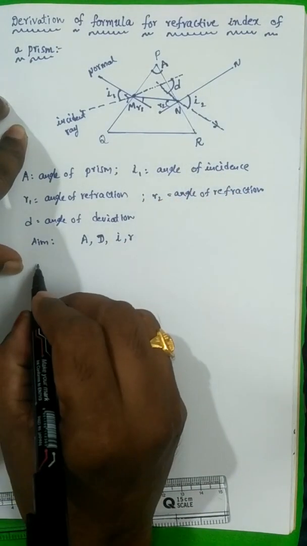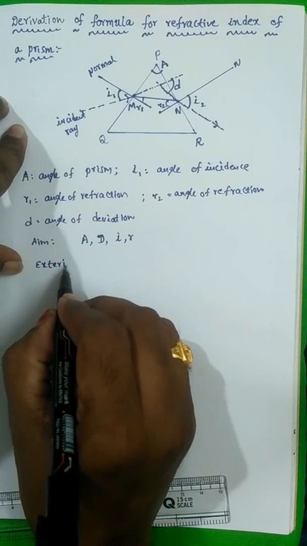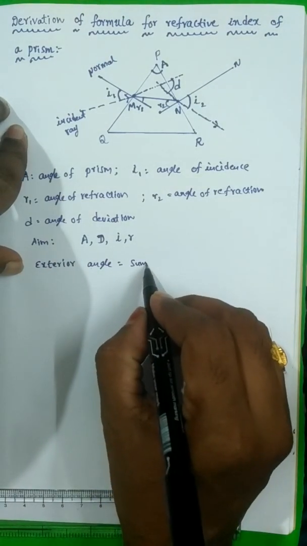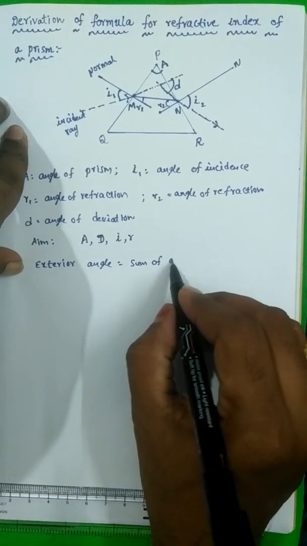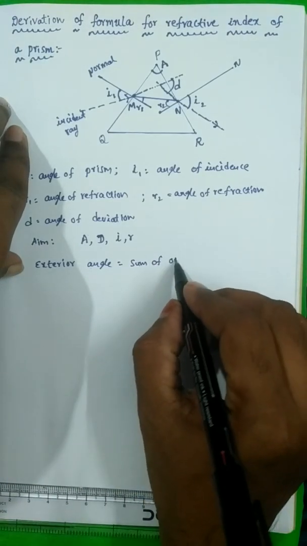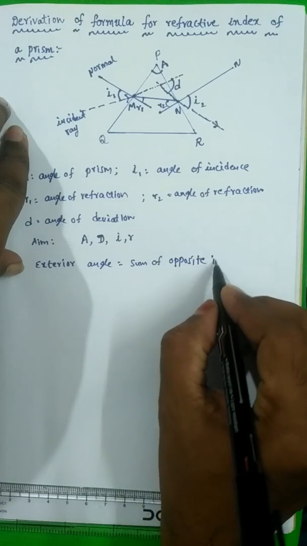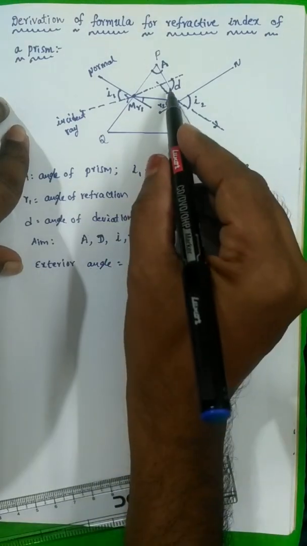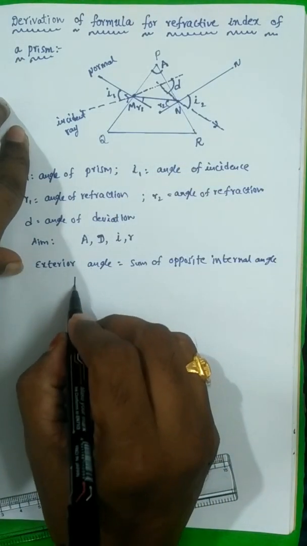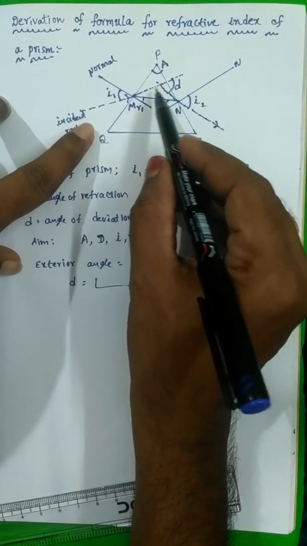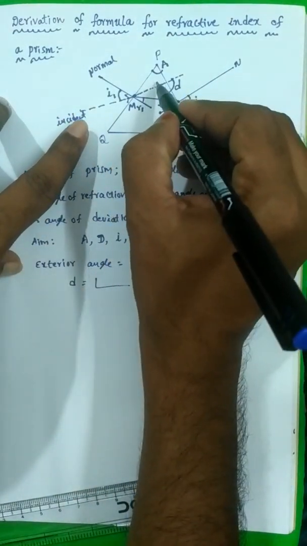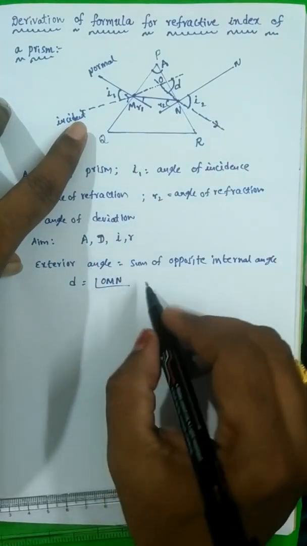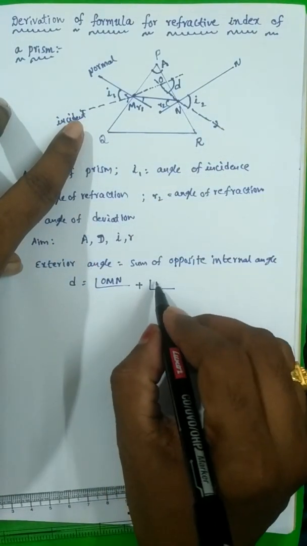The formula for the exterior angle is that it equals the sum of the opposite interior angles. Suppose you have to calculate the d value: that equals angle OMN plus angle ONM, where O is the intersection point in triangle OMN.